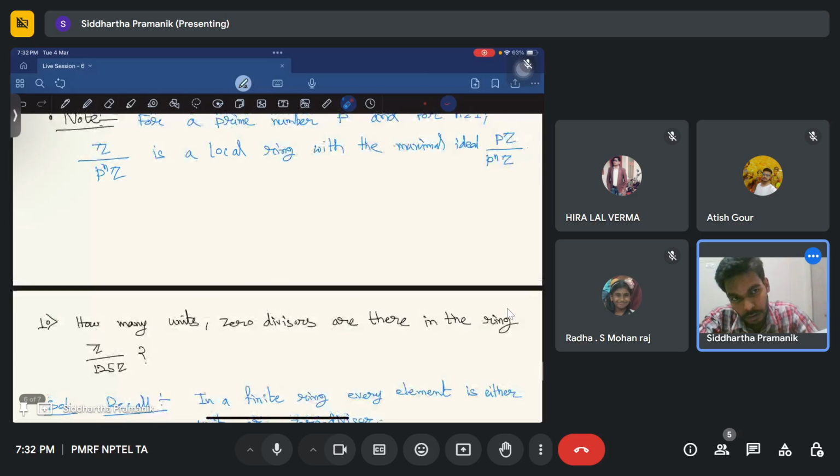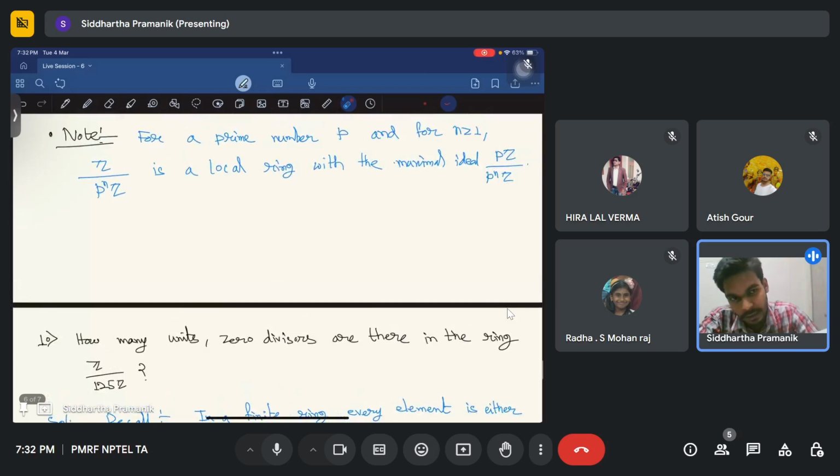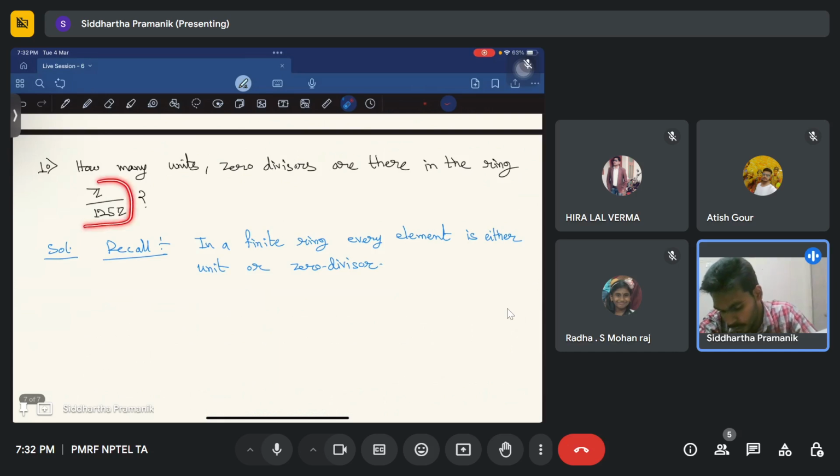So the fact which I have written is that Z mod p^n Z is a local ring. So this is also a local ring.